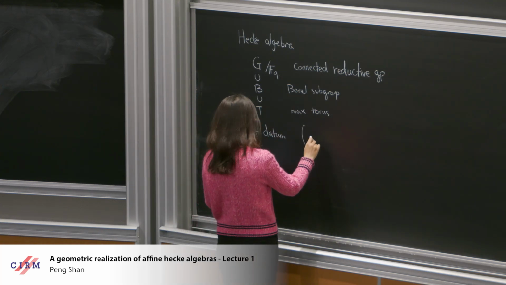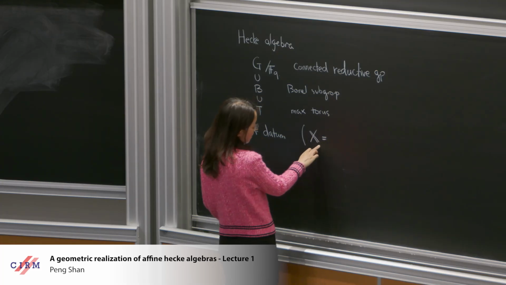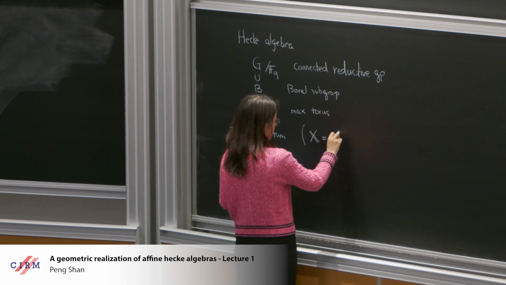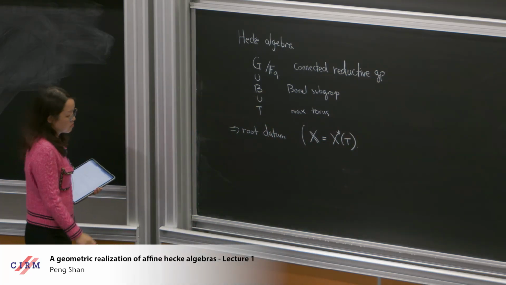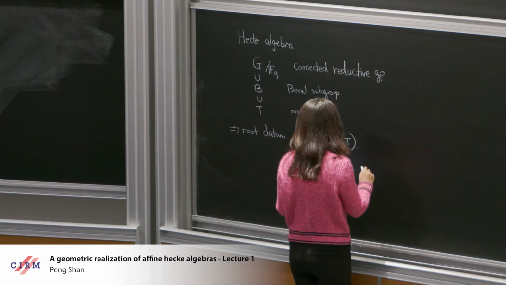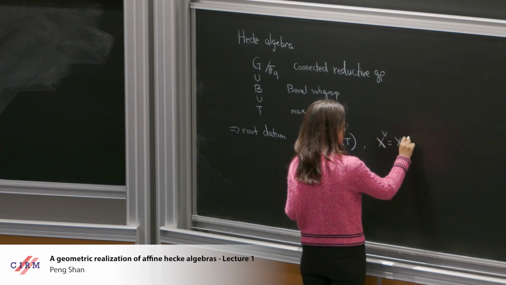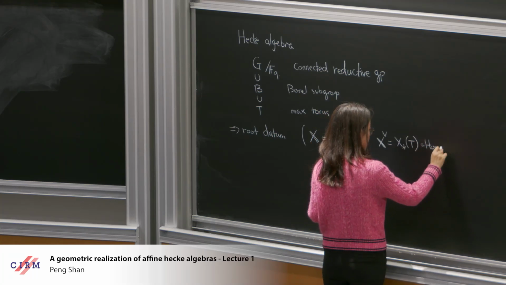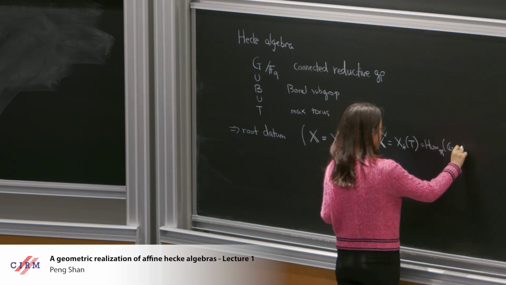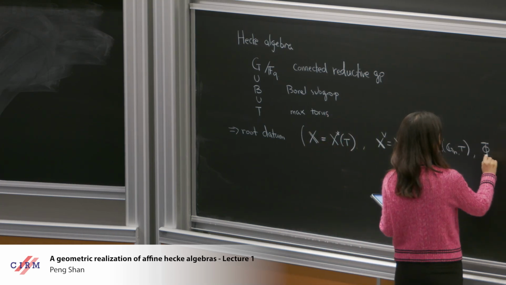First of all, you have the character lattice, which I denote by X. This is the space of group homomorphisms from T to G_m. And then you have cocharacters, which are homomorphisms from G_m to T. And then you have roots and coroots.